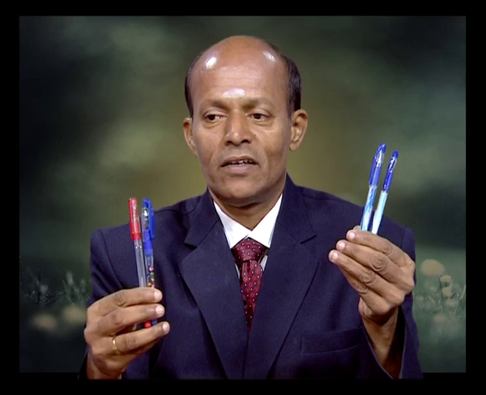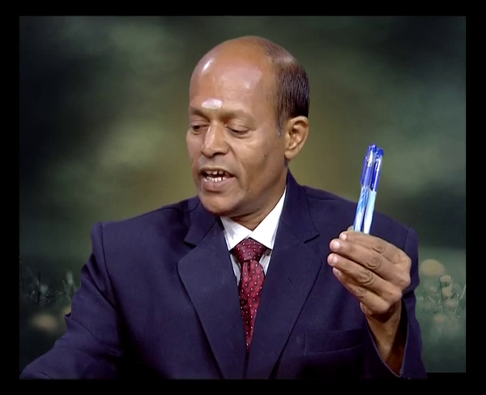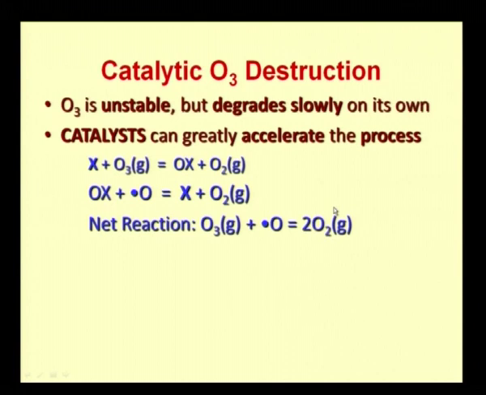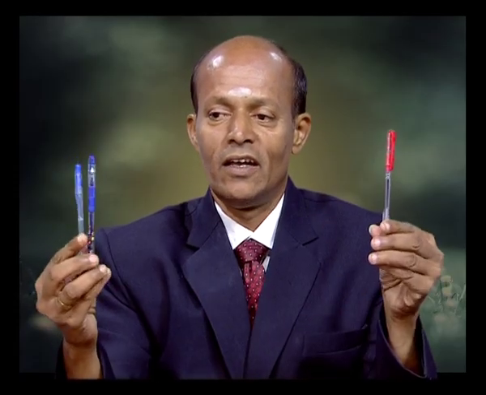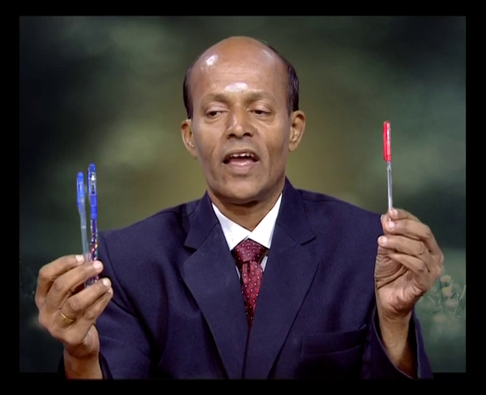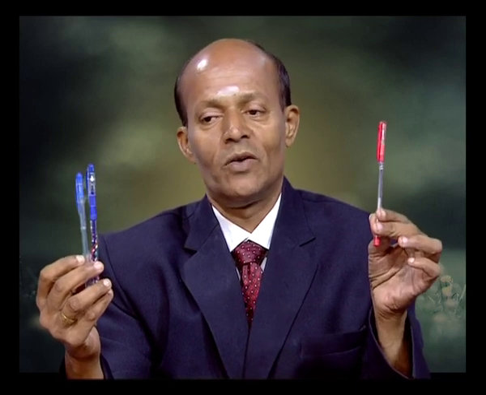And now, what will happen? This OX is unstable. So, now let us see this OX reacting with another oxygen atom, and again what will happen? This oxygen and this oxygen combine together, and again the catalytic agent is left alone.